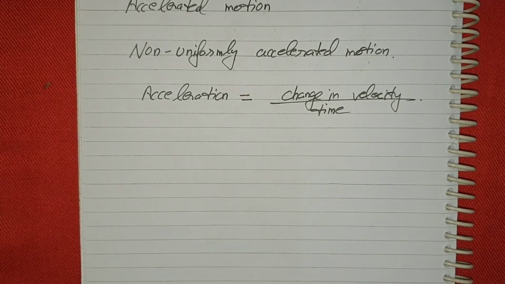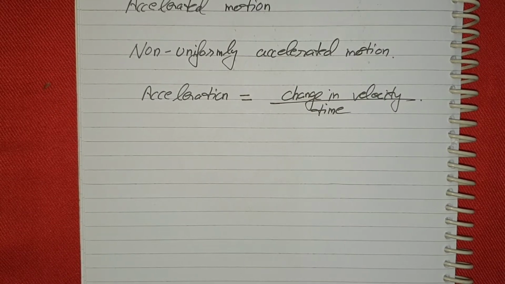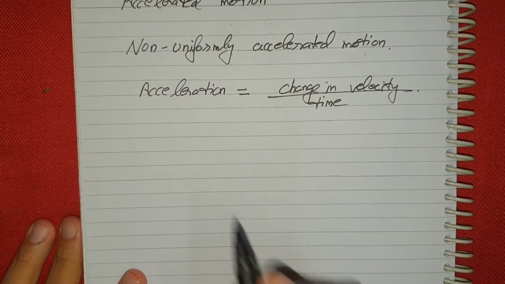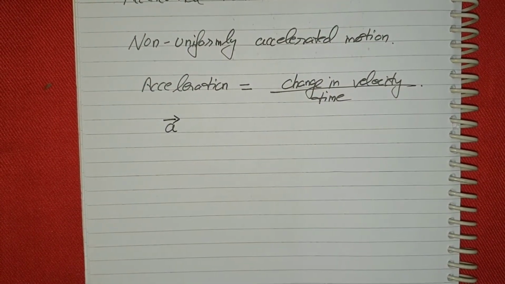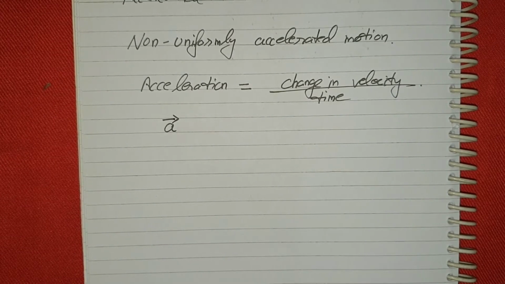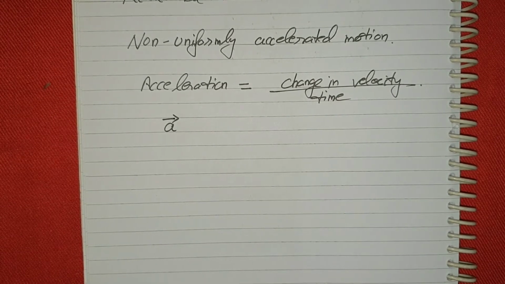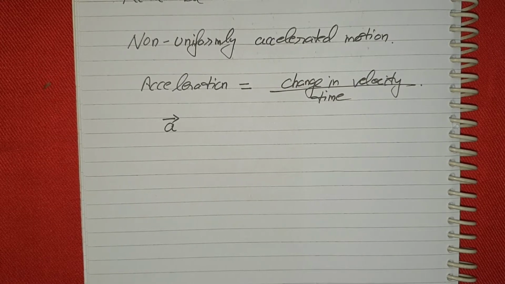Acceleration is a vector quantity, represented as a. We take acceleration as positive if the velocity is increasing and negative if the velocity is decreasing. The negative acceleration is also called retardation, or deceleration.